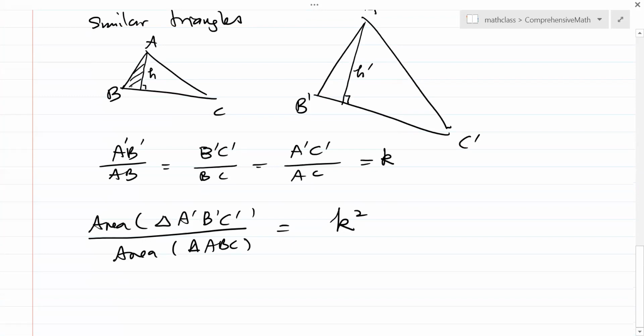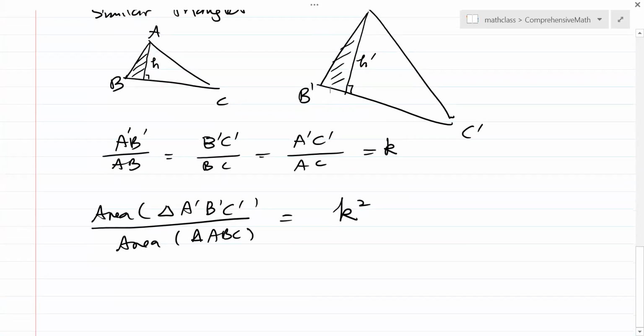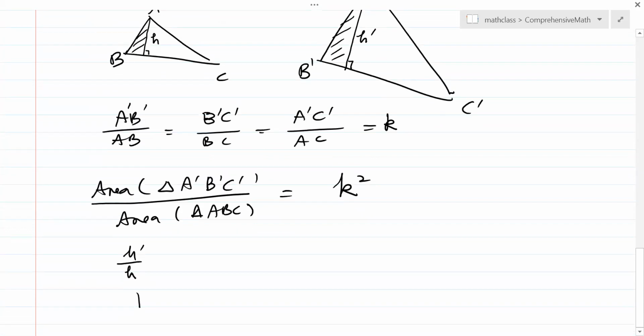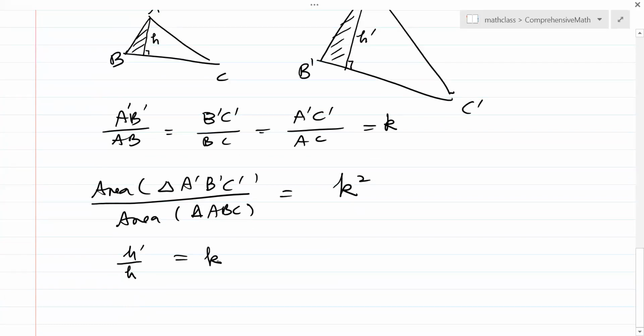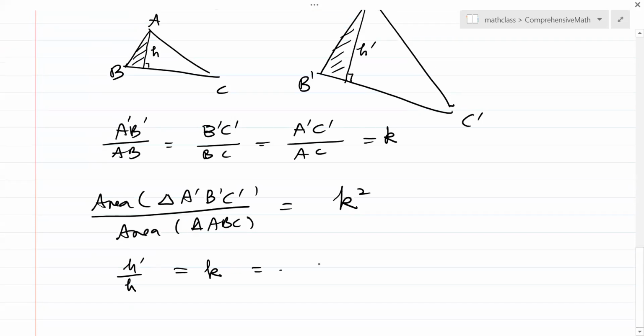These two triangles must be similar. Therefore, H prime over H is going to be the same constant K. Why is it the same K?